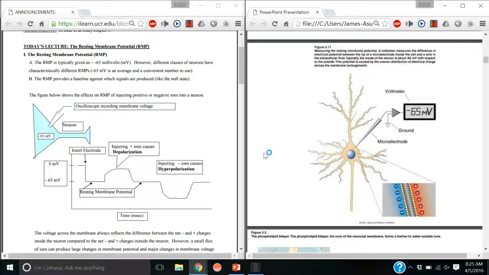Okay, so let's now take this diagram and transpose it over to here.